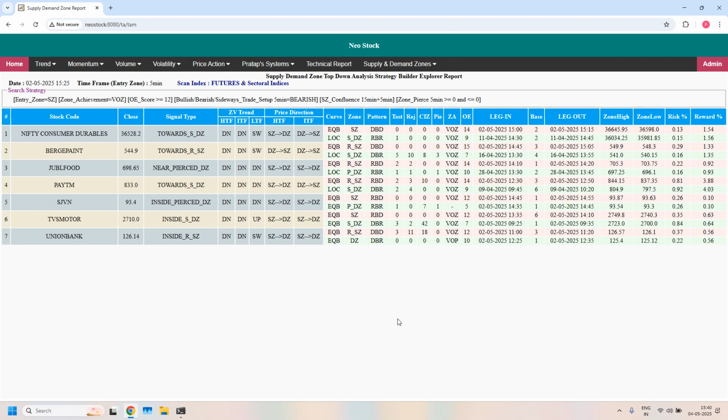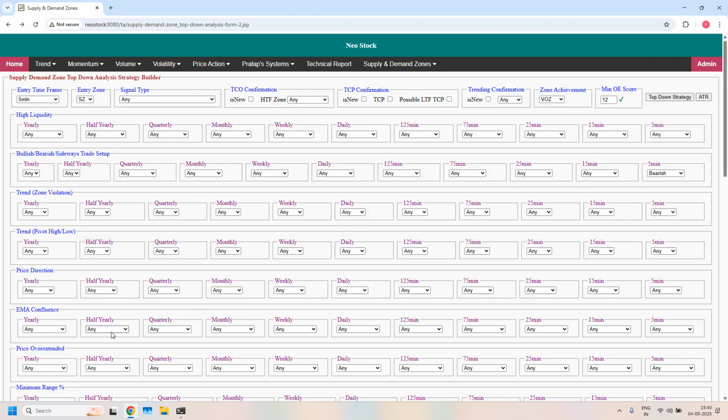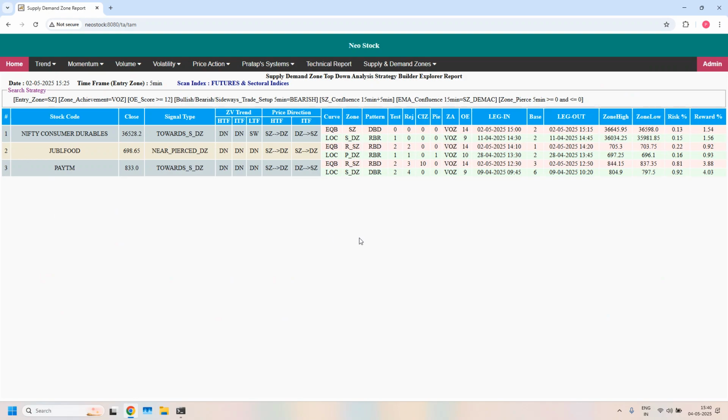Let's verify whether any 15 minute supply zone has daily EMA confluence. So 3 stocks are filtered. These 3 15 minute supply zones might have a higher probability of success compared to the others.